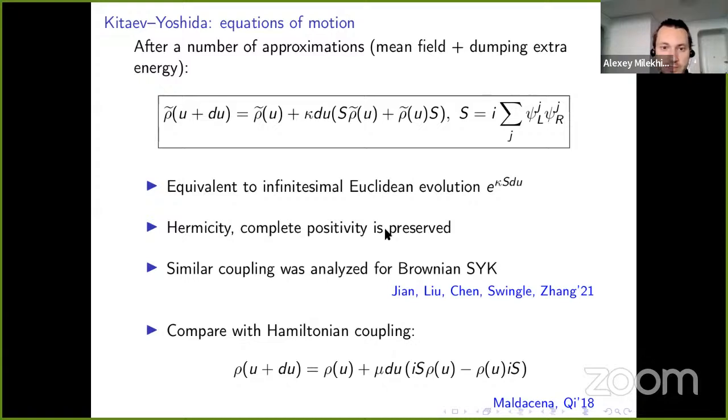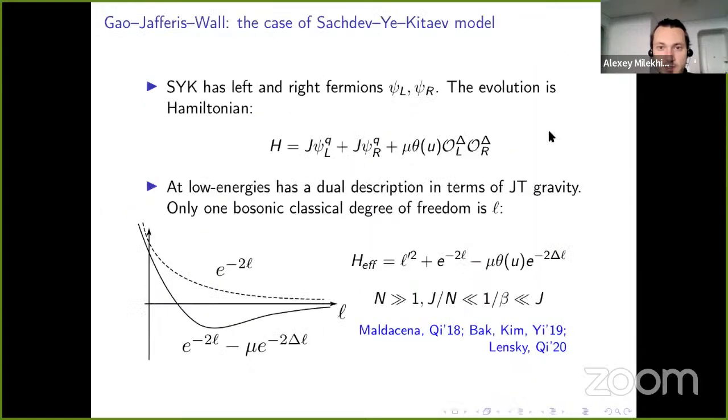of the density matrix. And a very similar coupling was studied some time ago by these authors. And we can actually compare it with the coupling we had before. I previously studied this interaction when I just added a term in the Hamiltonian, and O left can be psi and O right can be psi.